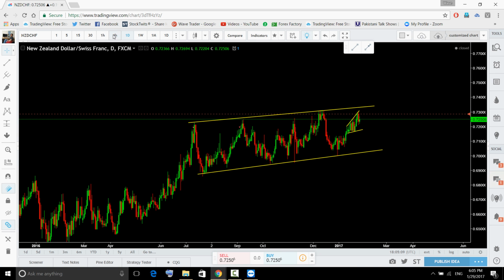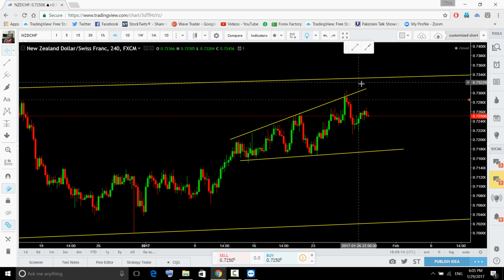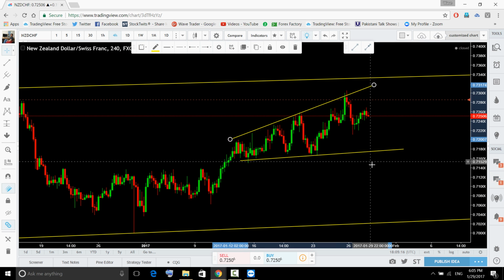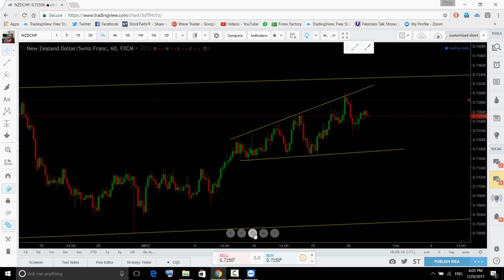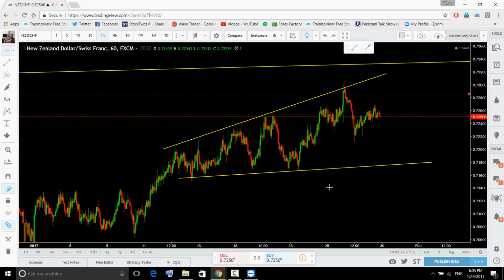Here is the continuation pattern within this pattern, and this continuation pattern can break to the downside.